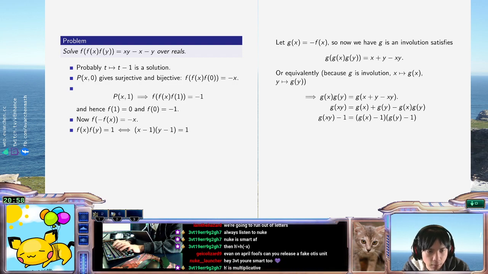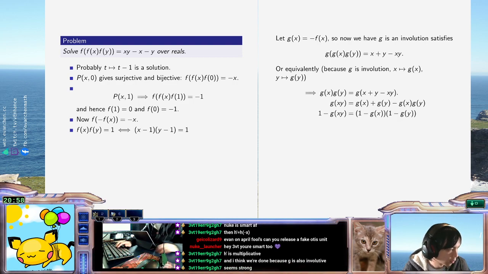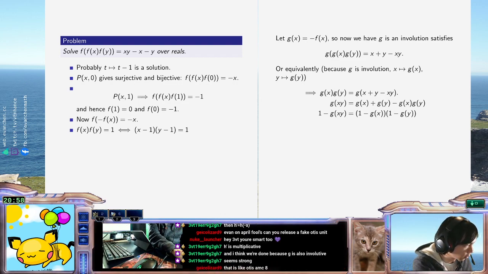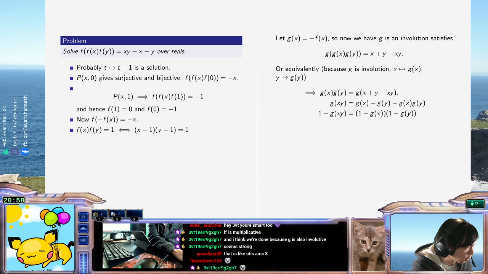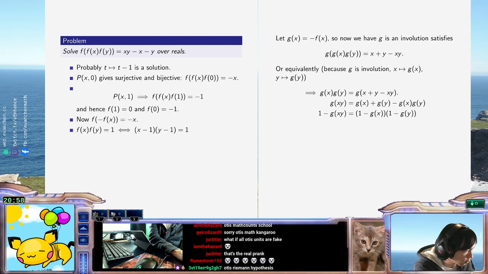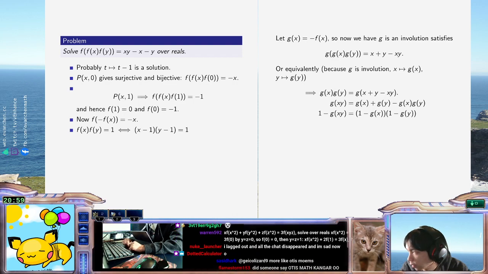I want 1 minus, right? Okay, so here we are, and 1 minus g is a multiplicative function.